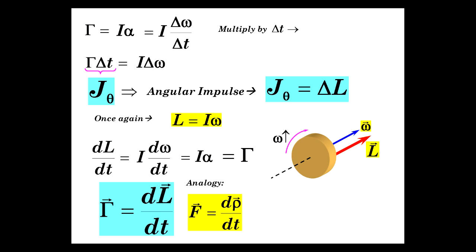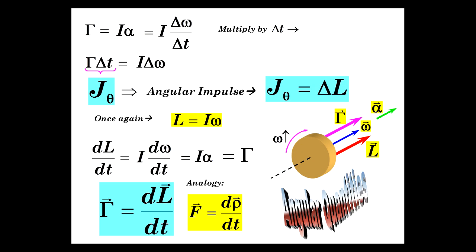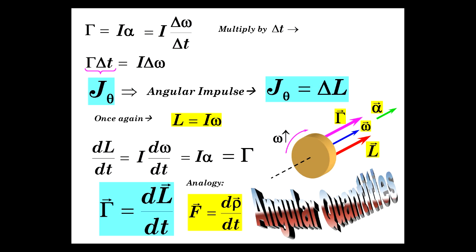Now, if omega is going up, then we've already learned that angular acceleration is in that same direction, the vector. And now, in order for the angular acceleration to be non-zero, requires that we have a torque, and that really means if omega is going up, then the torque is in a clockwise sense, and so it too has a vector direction in the same direction here. So there's the torque. So that constitutes all the angular quantities that we've discussed and their vector natures.